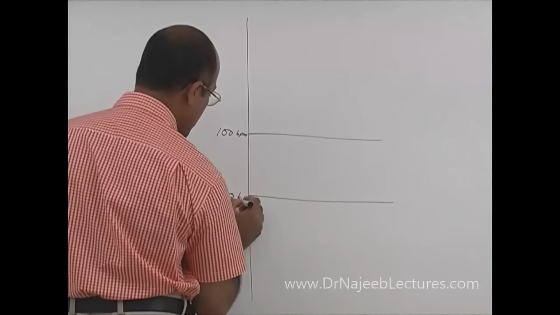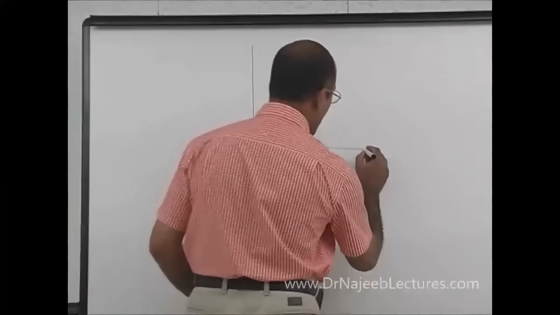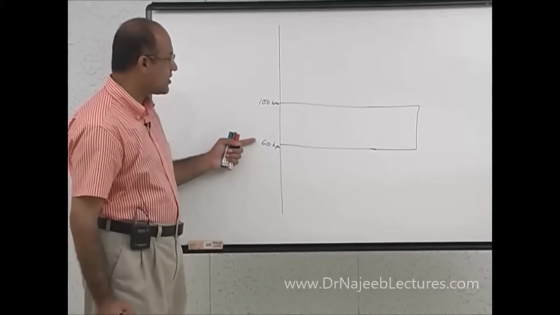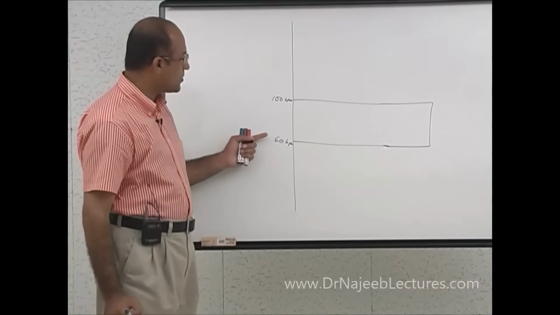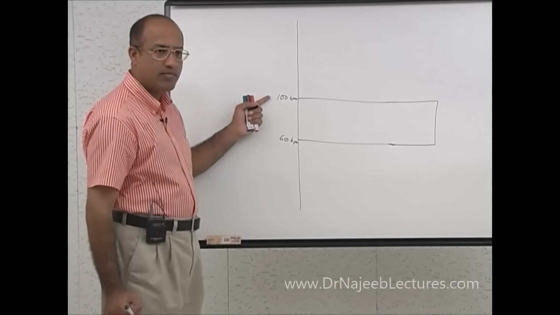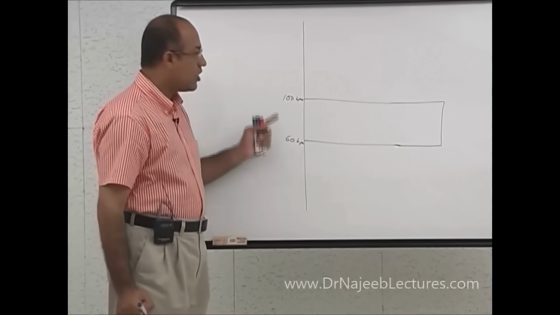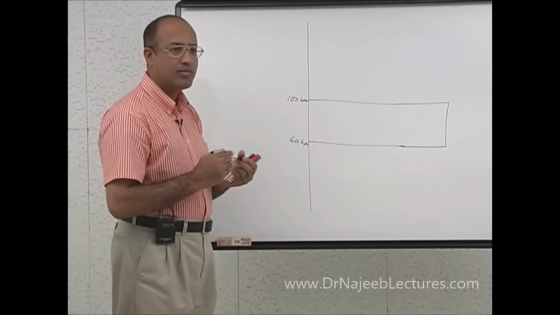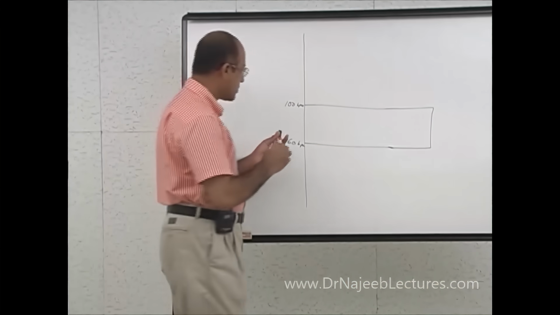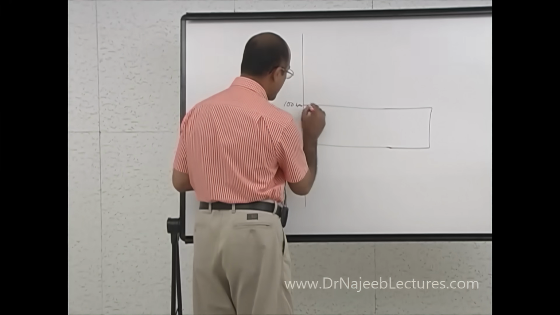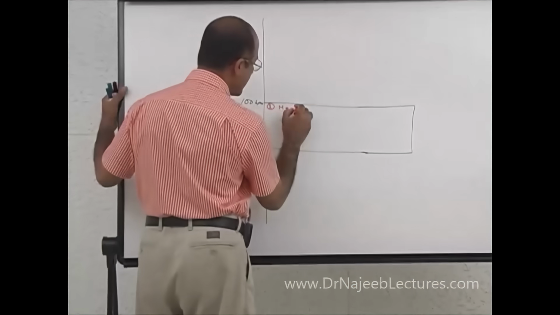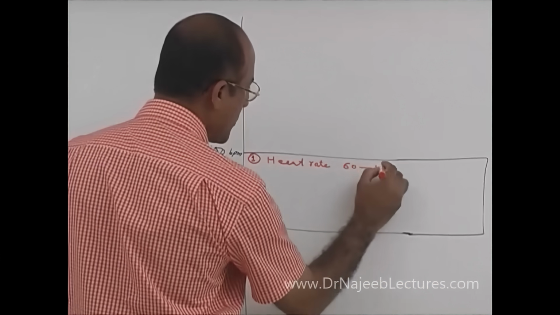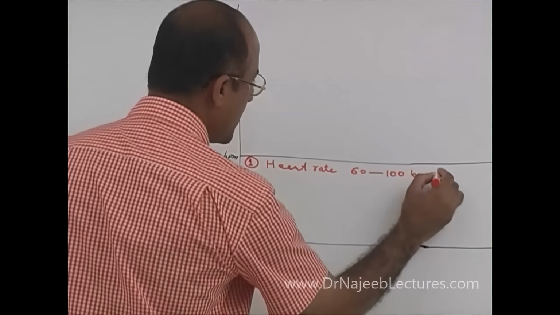Normal cardiac rhythm has number one criteria: the heart rate has to be between 60 and 100. If heart rate is less than 60 or more than 100, we say the heart has gone out of rhythm. So, criteria number one, heart rate between 60 to 100 beats per minute.